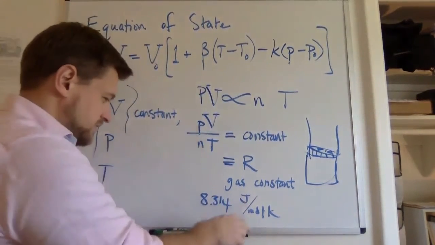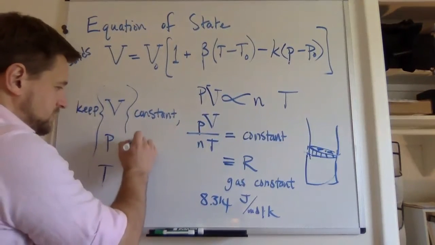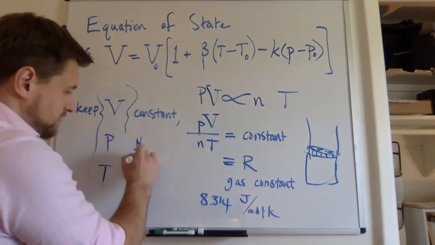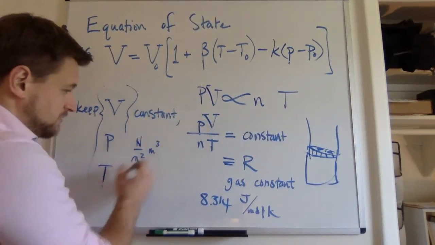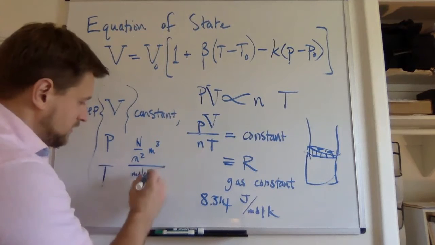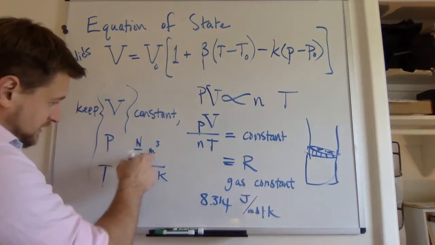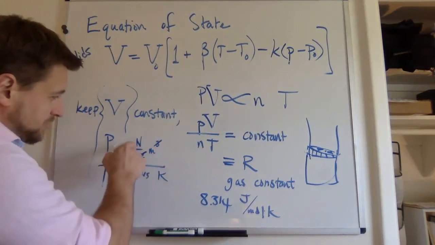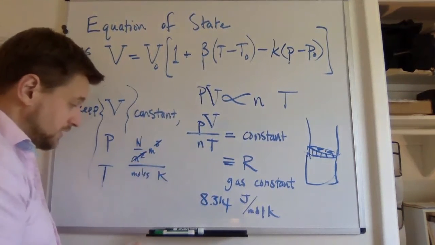Joules because the numerator here is pascals, or newtons per square meter, times meters cubed, moles and Kelvin for the temperature, but the meters cancel, and newtons times meters is joules, so that's joules per mole Kelvin.